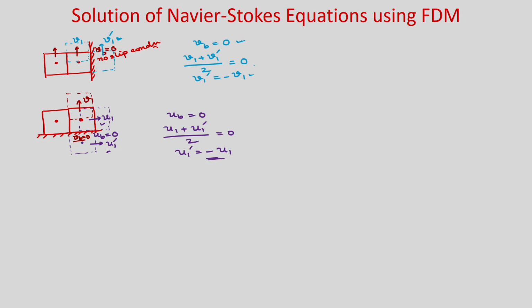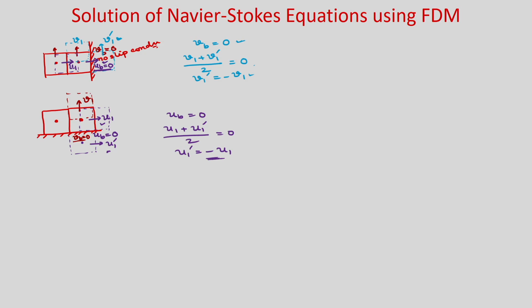So, similarly when you are solving for u, you are solving u here and u here. So, when you are solving for u here, let us say this is your u 1, and this is your u b is equal to 0 because of the no slip condition, then when you are solving for this cell of u 1, you need the value of u b only.